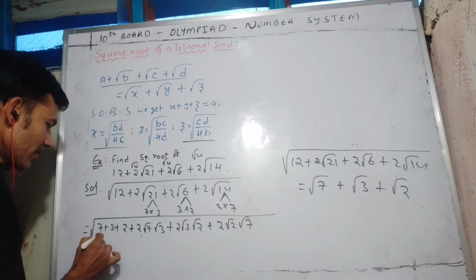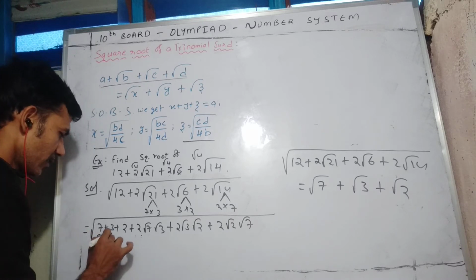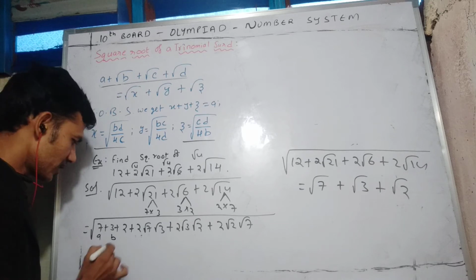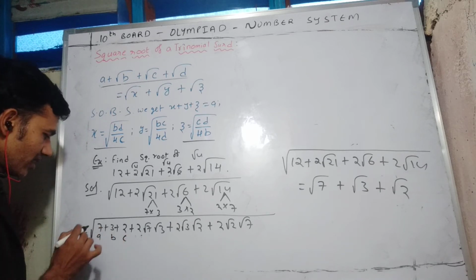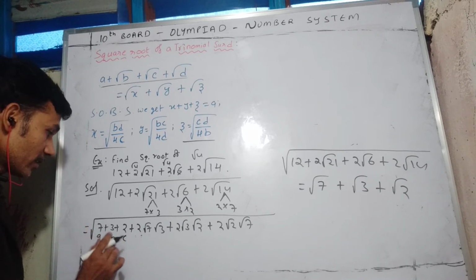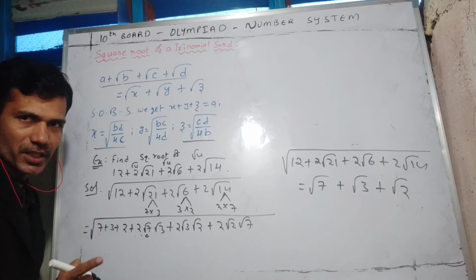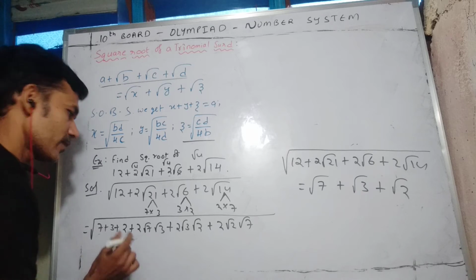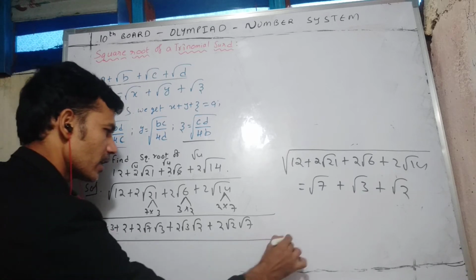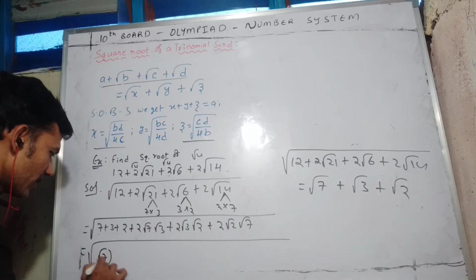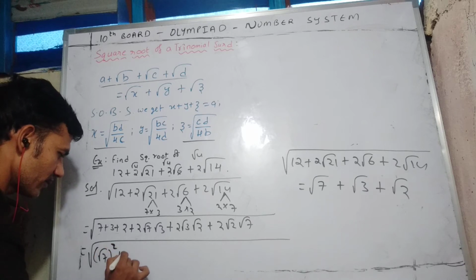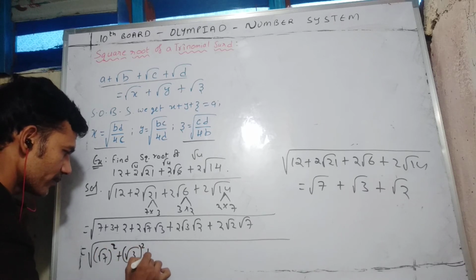Okay, 7 you take as A, this one you take as B, this one you can take as C. Now see here, A square is there. A is root 7, so I will write one more step; it will be more clear. See, under root, what I can write: root 7 whole square, root 3 whole square.